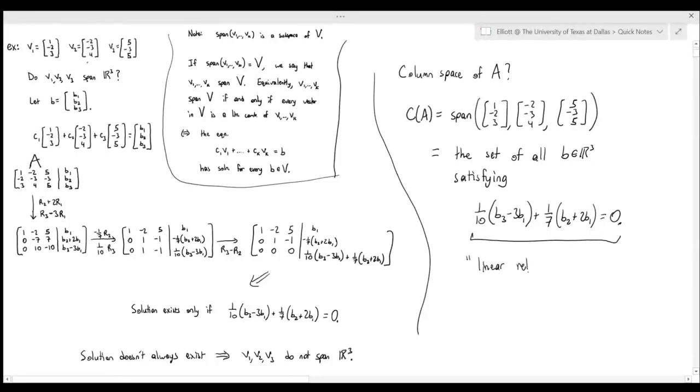This is a linear relation that the vector B needs to satisfy to be in the column space of our matrix A over here.